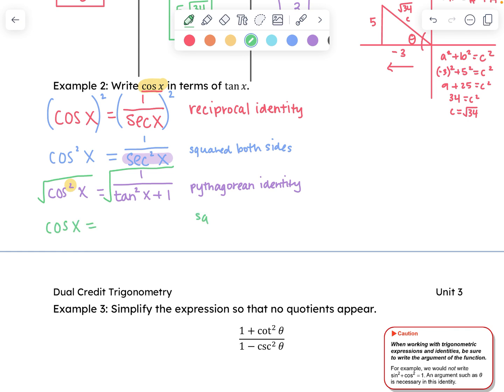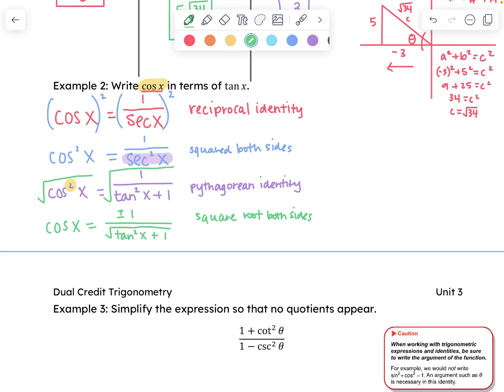When I square root both sides, the square root of 1 is just 1. Well, plus or minus 1. We'll do the plus or minus there. On the bottom, though, we end up with the square root of tangent squared x plus 1.